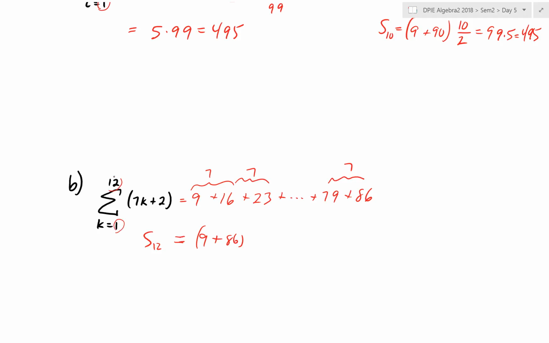If I count from 1 to 12, that's 12 terms, divided by 2. So the 12 divided by 2 tells me how many pairs that would be, and so that is 95 times 6. 95 times 6 is 570. So the sum of all of these terms, going from 9 all the way up to 86, would equal 570.